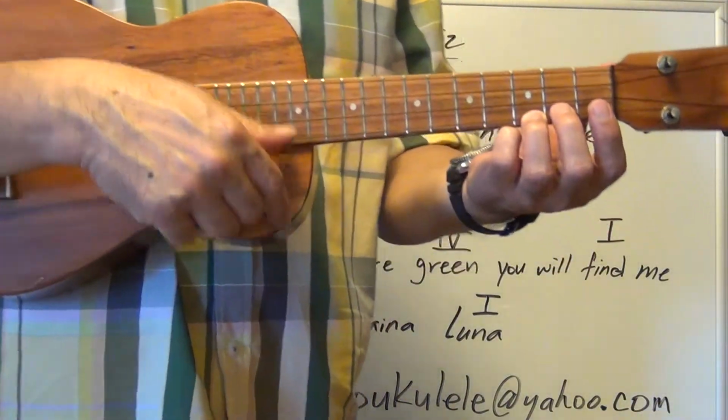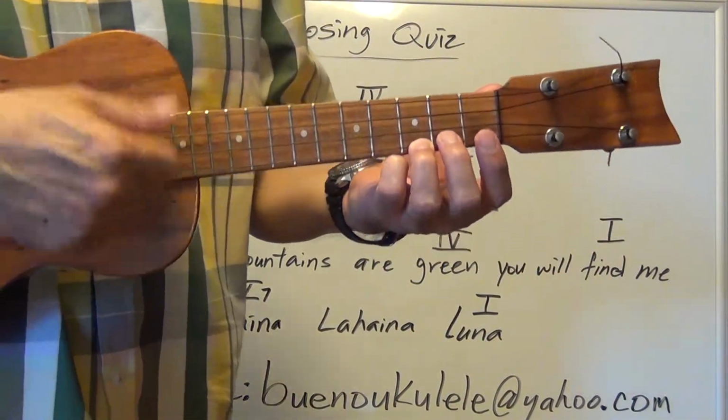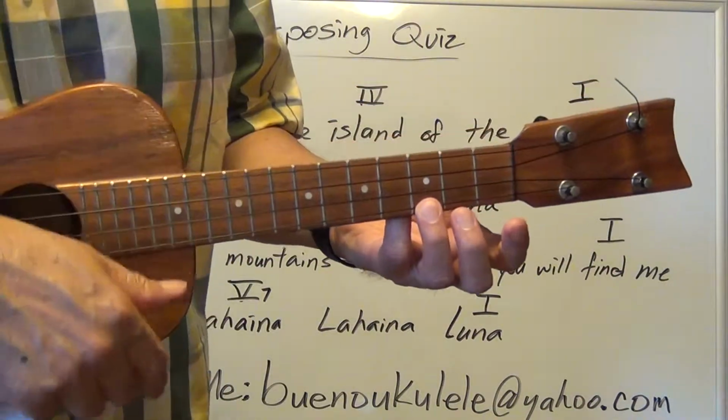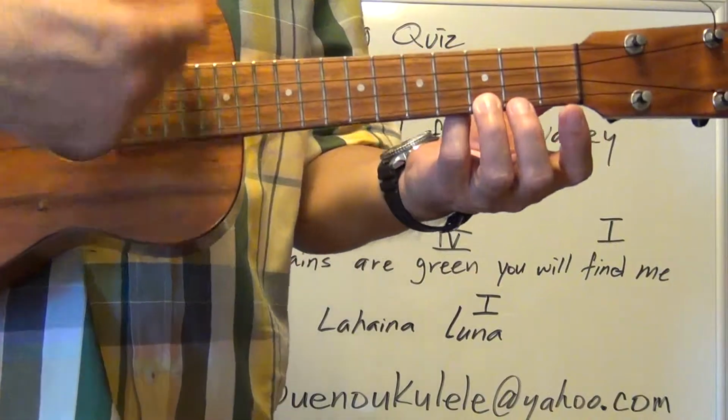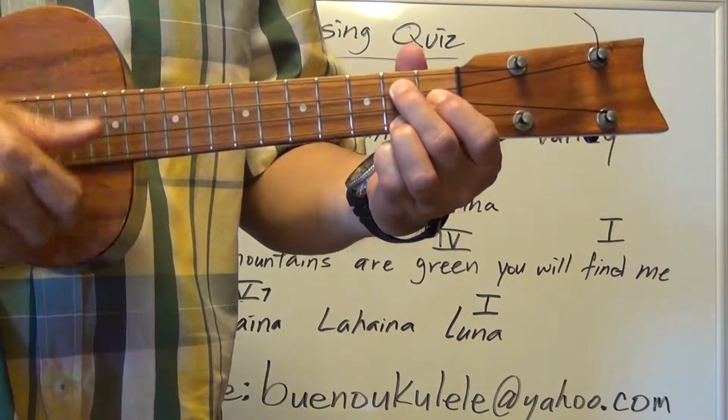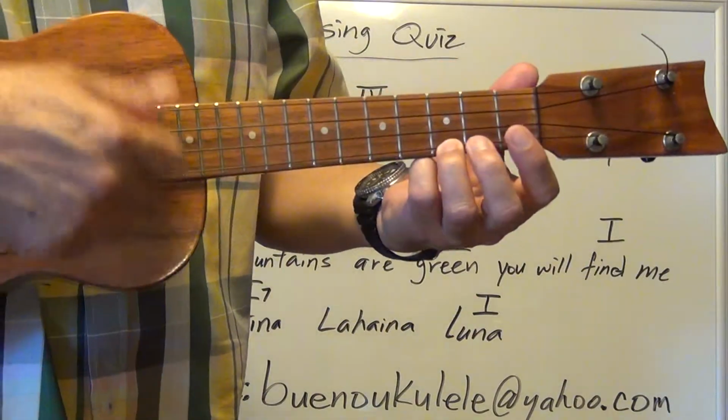Go, where the mountains to the fore are green, you will find me. And Lahaina, that's a 5/7, Lahaina Luna.